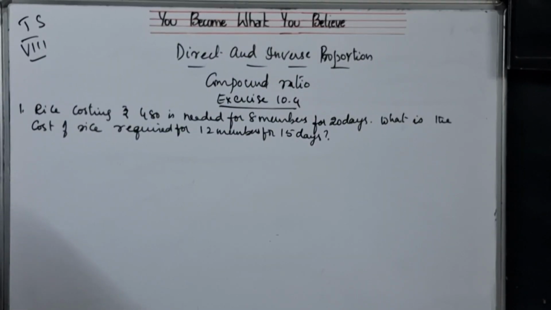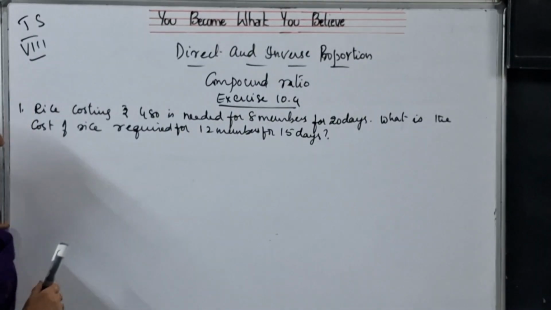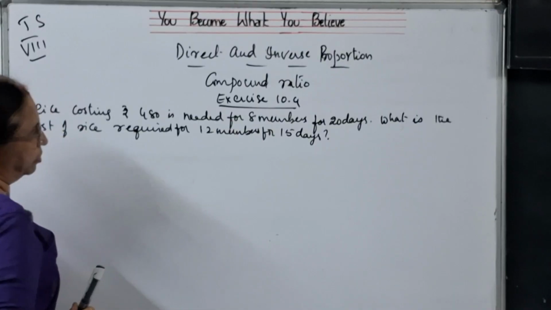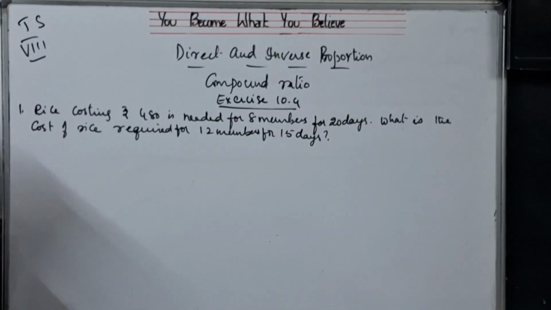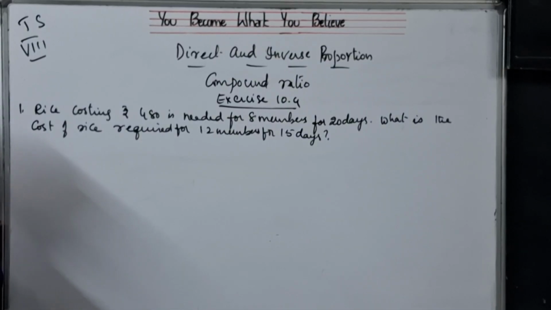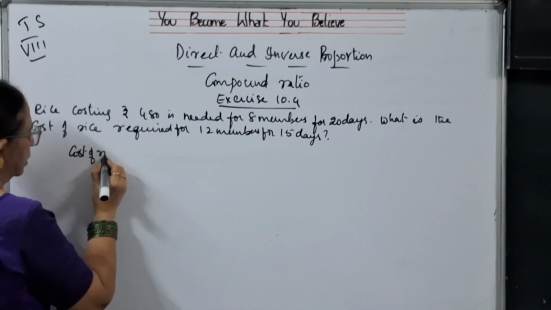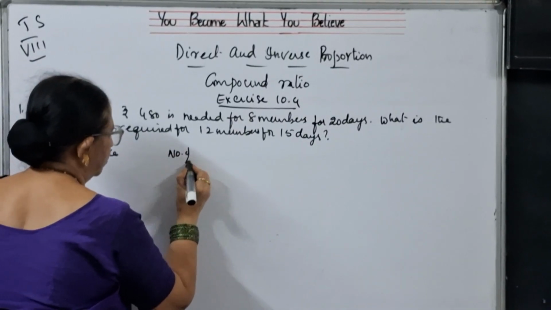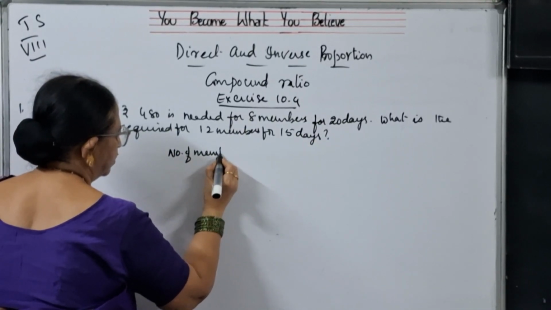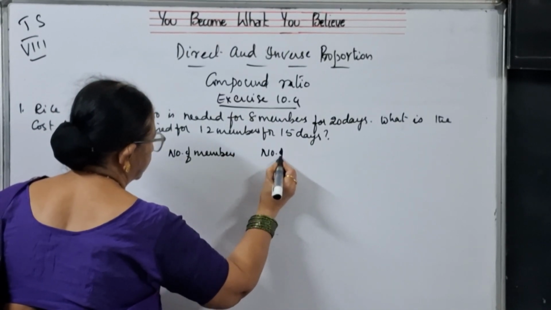Now exercise 10.4, children, first one. Rice costing rupees 480 is needed for 8 members for 20 days. What is the cost of rice required for 12 members for 15 days? So what are the values you have got? Cost of rice, number of members and number of days.